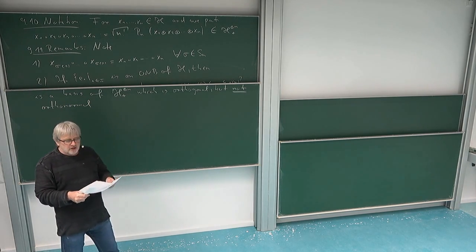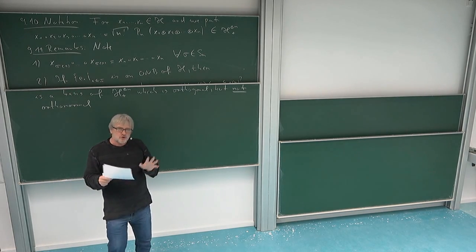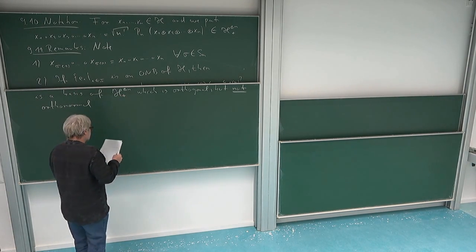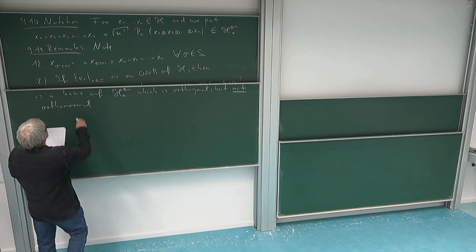Yeah, and maybe we should check this. So let us just see what is the inner product between two such guys, also just to make sure that we understand what I'm really defining here. So let me take two such elements.